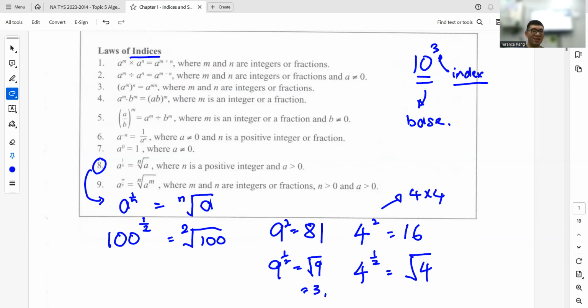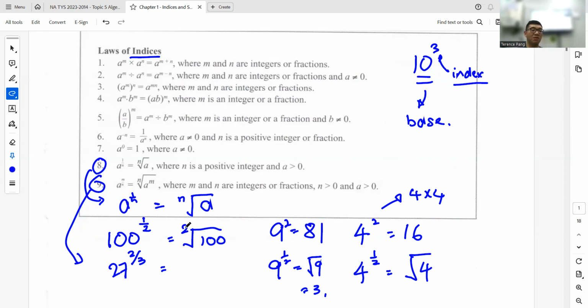Since you are on a roll, let us do number 9 together. So we're going to combine everything. Now, what is 27 to the power of 2 thirds? So now you have the numerator and the denominator.